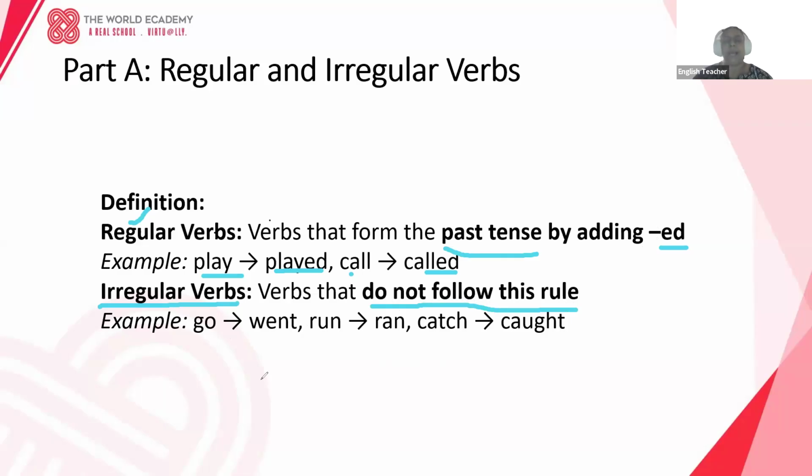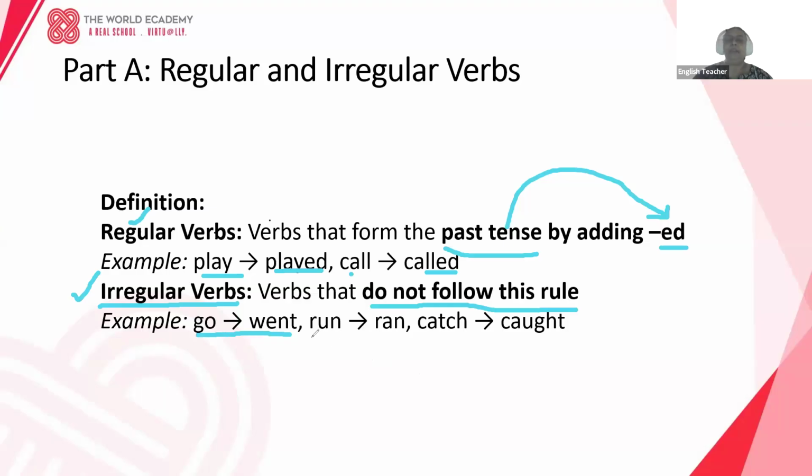Have you ever spoken like that? That's grammatically absolutely wrong. So certain verbs which do not follow the rule of adding ed for the past tense are known as irregular verbs. For example, go becomes went. The past tense of go is went.